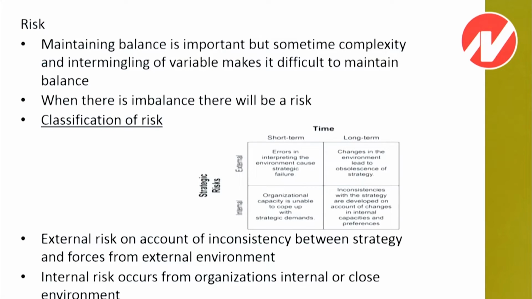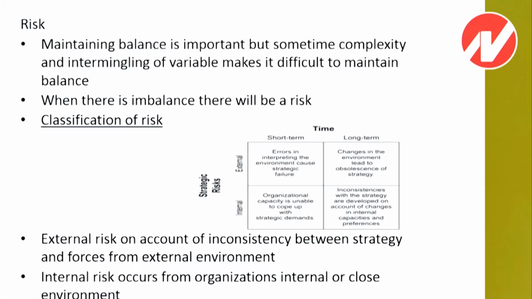So when there is an error in interpreting the external environment, an error in understanding, in prediction because of the external environment, that is external and short term. Then external and long term, when there is change in the environment as we discussed. Then below that, internal and short term, when the organization's capacity is unable to cope with strategic demand.